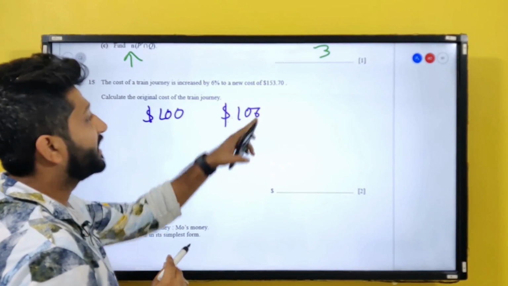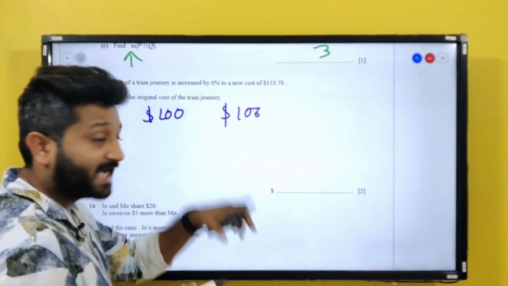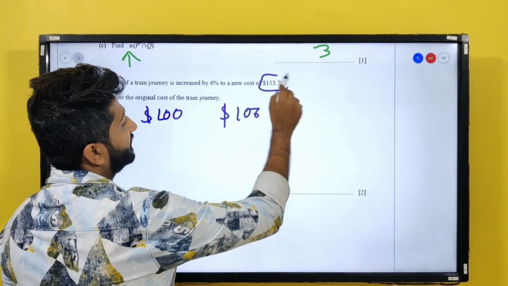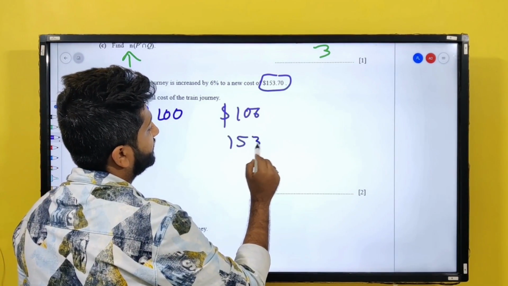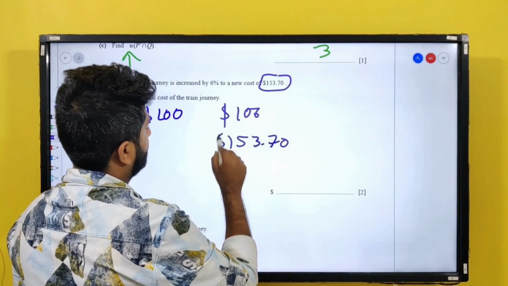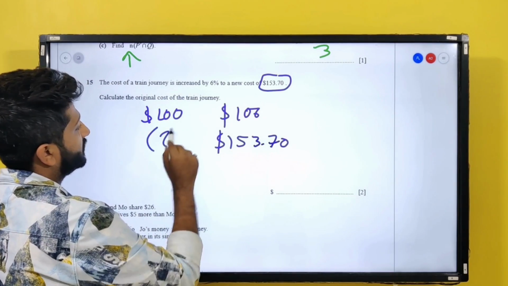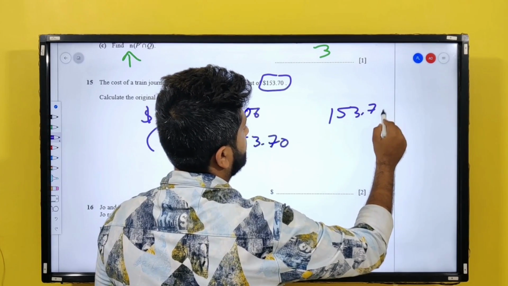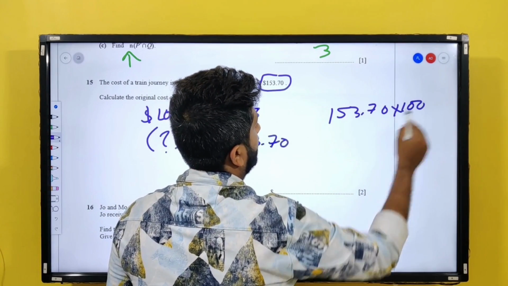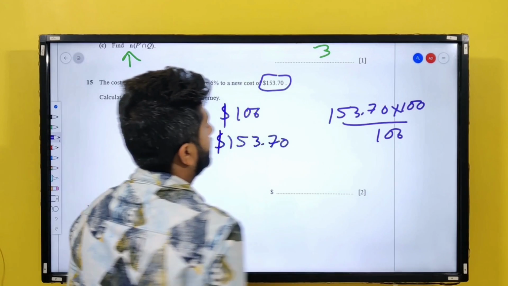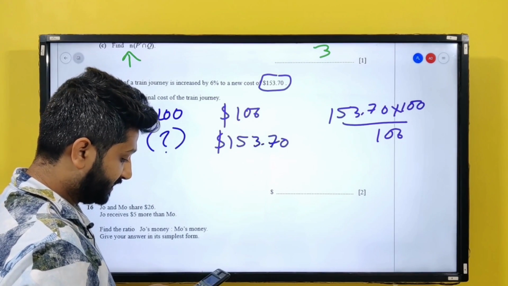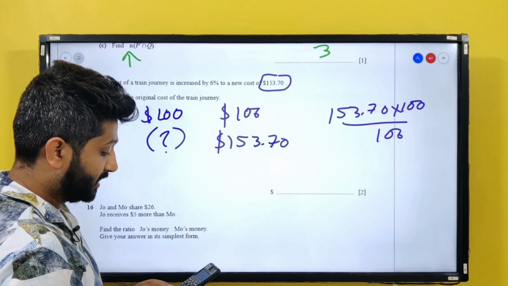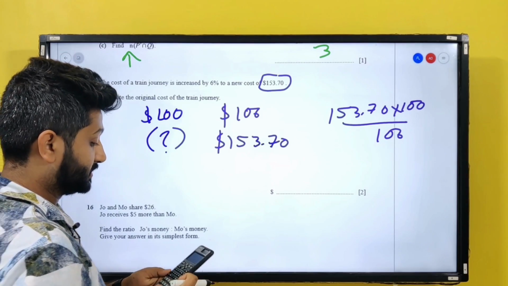Right? This is my before and after. Now my actual cost after the increase is $153.70. So what will be my original cost? Original cost is going to be 153.70 into 100 upon 106.